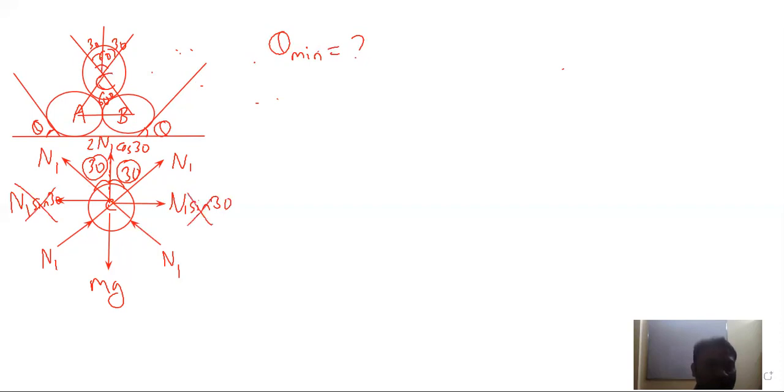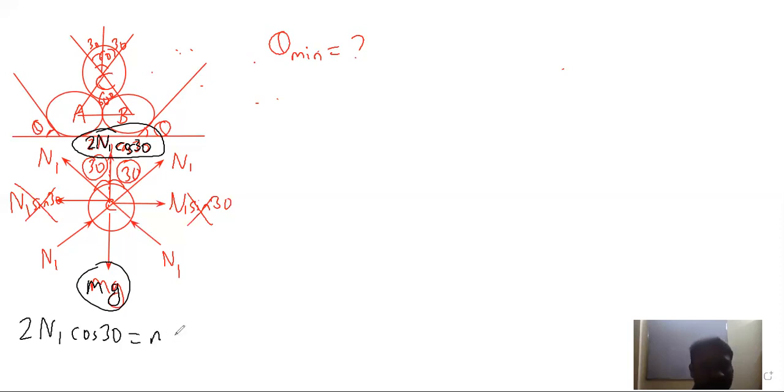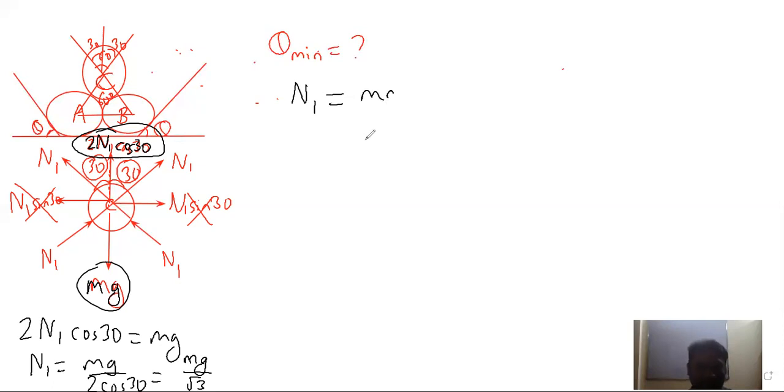So what we are left with is 2 times N1 cos 30. This equals mg, so upward force is equal to downward force. So 2 N1 cos 30 is equal to mg, which gives us N1 equal to mg upon 2 cos 30, which on calculation comes out to be mg upon root 3. So N1 comes out to be mg upon root 3.